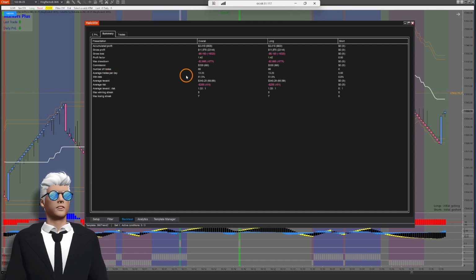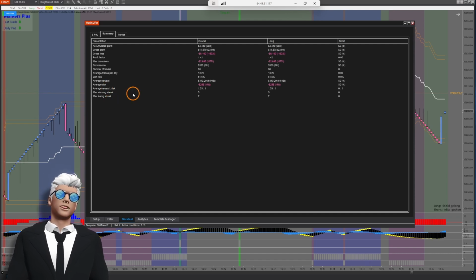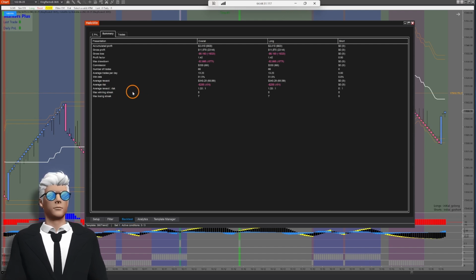Now I know 13 trades per day, and win rate 50, which is pretty good for having over a 1-to-1 because we're at a 1.42. Well, our target was, I forgot what it was, to be honest, but I know we did 69 ticks over 50 ticks, and that was what we were going with.